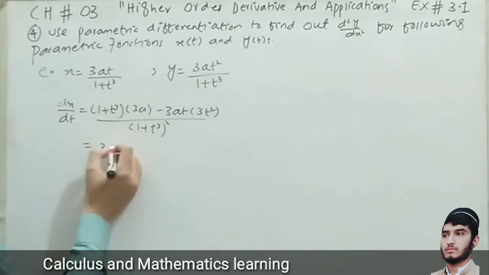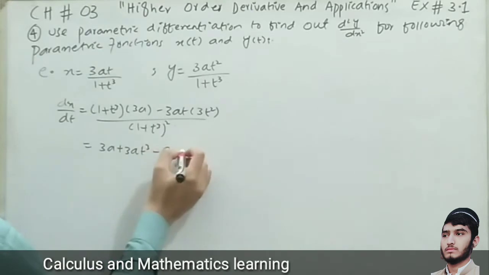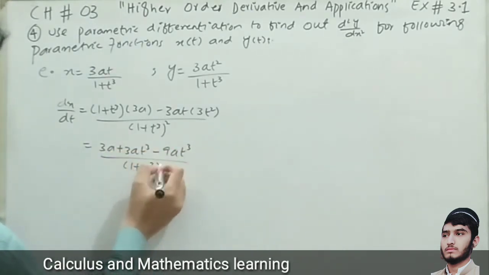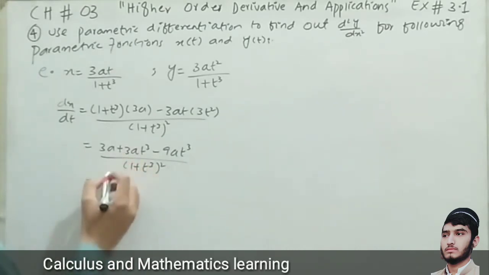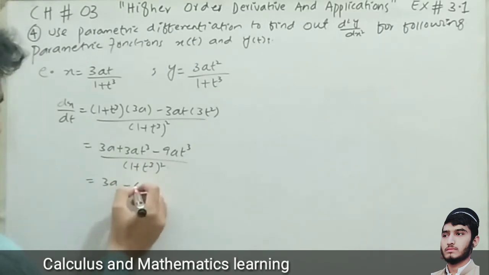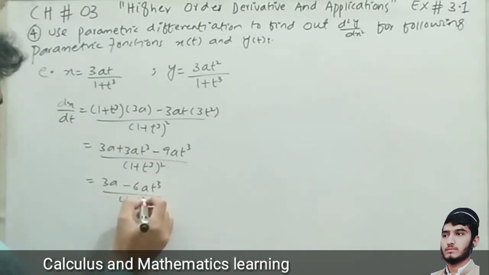So by simplification it will give us 3a plus 3a t cube minus 9a t cube, divided by (1 plus t cube) whole square. After this it will give us 3a plus 3a t cube minus 9a t cube, which gives minus 6a t cube, divided by (1 plus t cube) whole square.